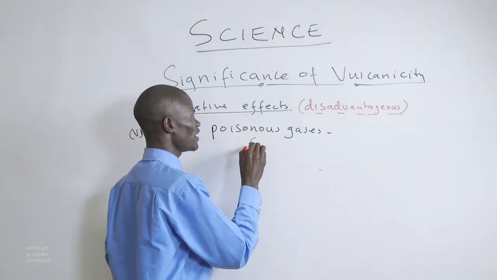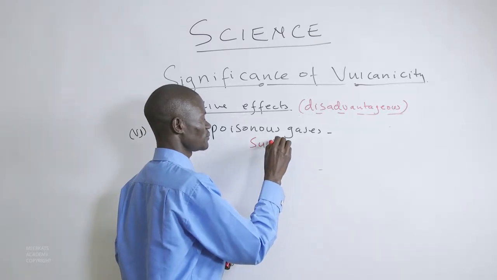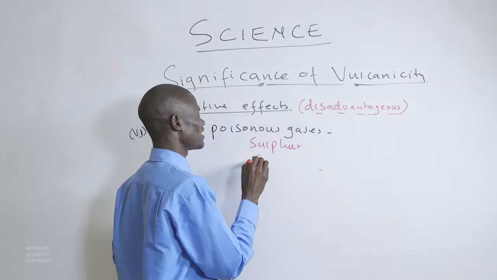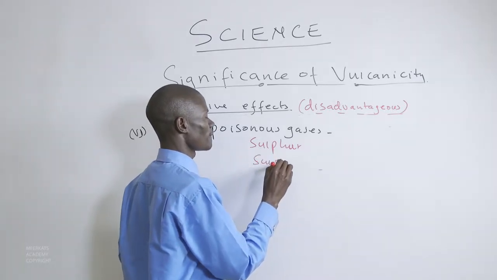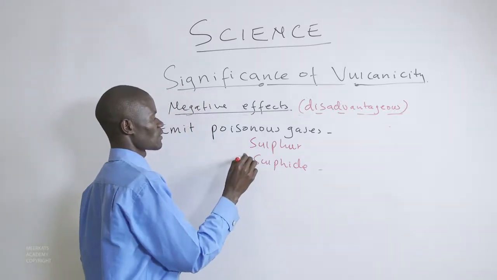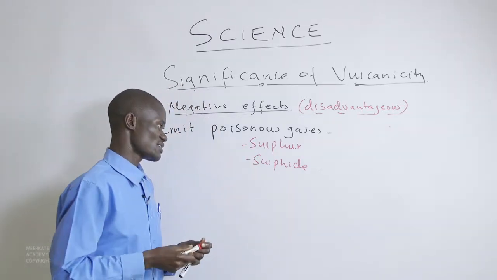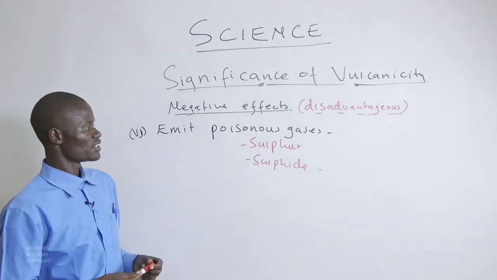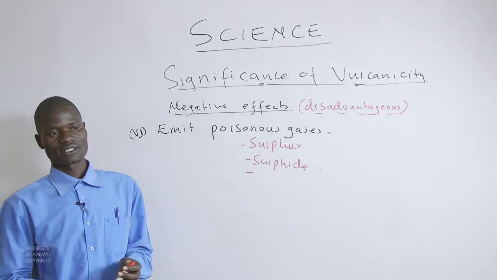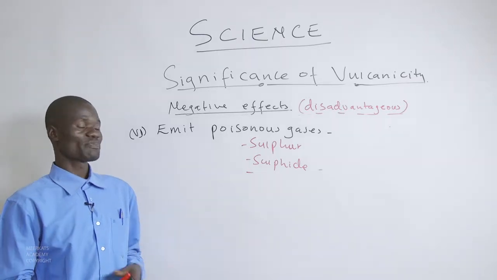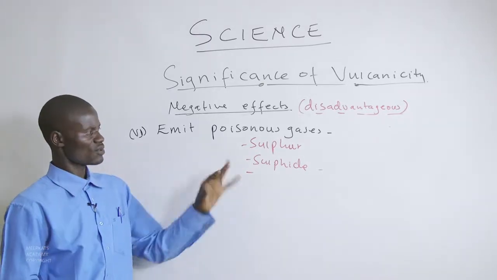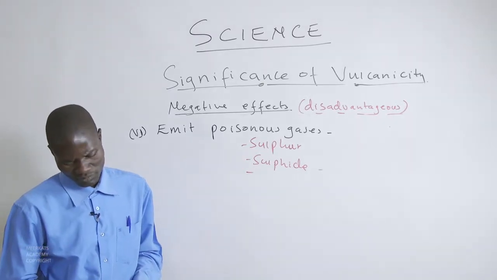We have sulfur gases, sulfide, and any other gas that is of devastating effect. It may lead to respiratory diseases such as tuberculosis, because that is found in air.